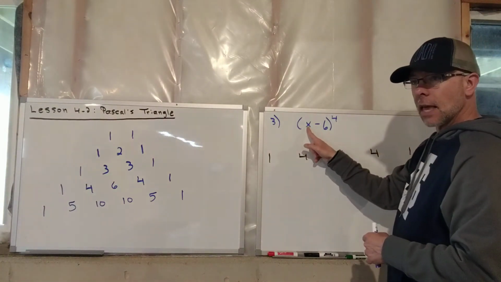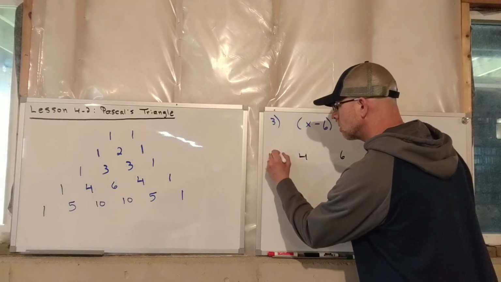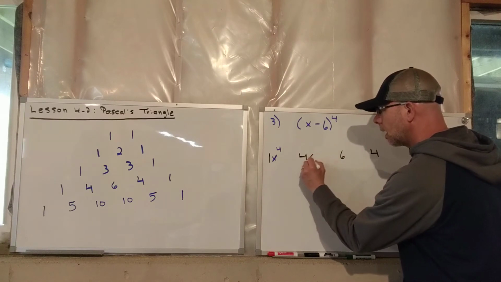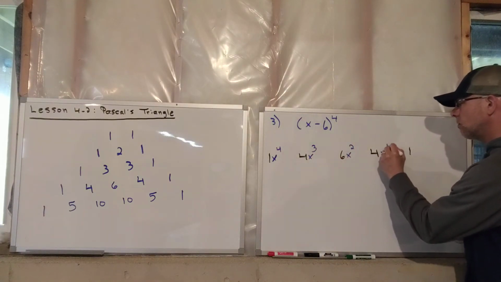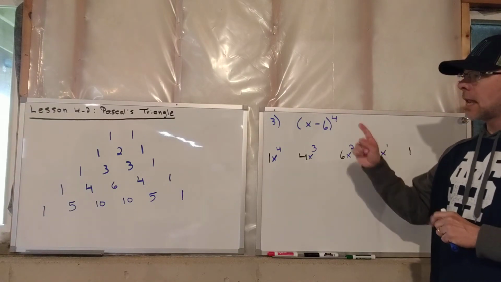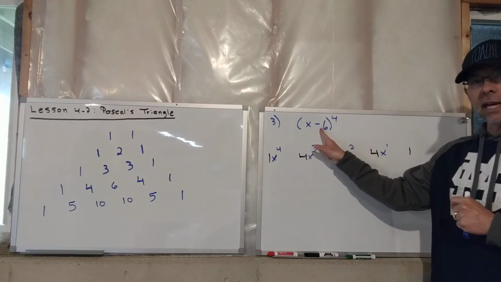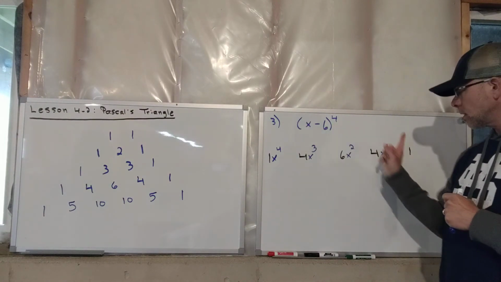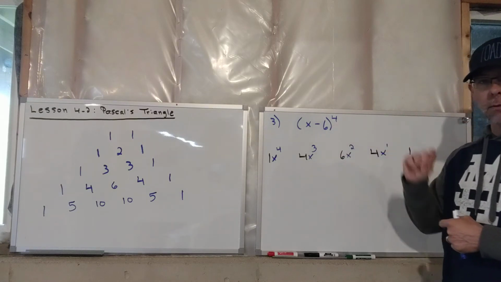So we're starting with the x again, and this time it's to the 4th. So here, x to the 4th, x to the 3rd, x to the 2nd, x to the 1st, no x on the 1, just like the first two examples. Now, new thing, be careful. You have to call this negative 6. So when I start putting the number in down here, negative 6 to the 4th is what I write.